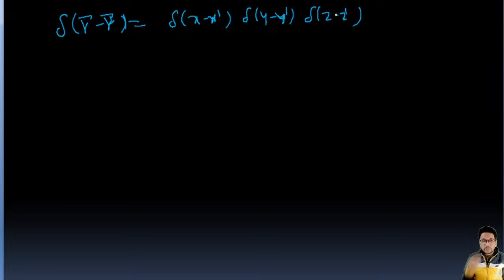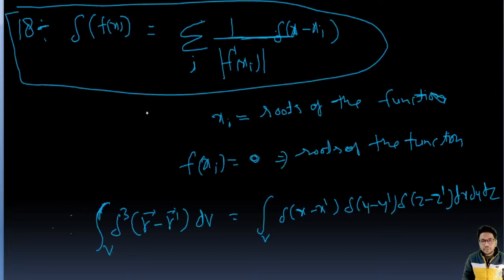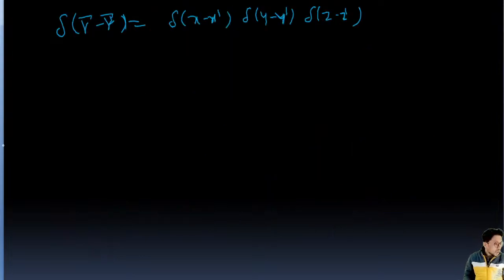This property we know. Similarly, the volume integration of delta cube (r minus r dash) dv is the volume integration of delta(x minus x dash) delta(y minus y dash) delta(z minus z dash) dx dy dz.